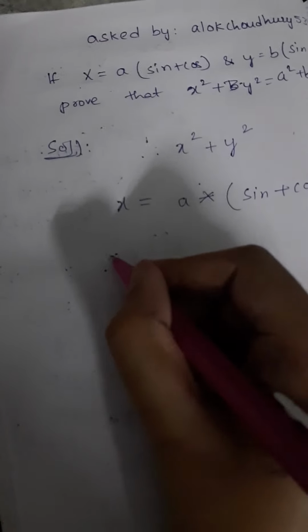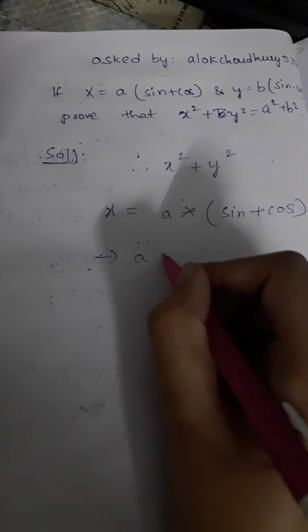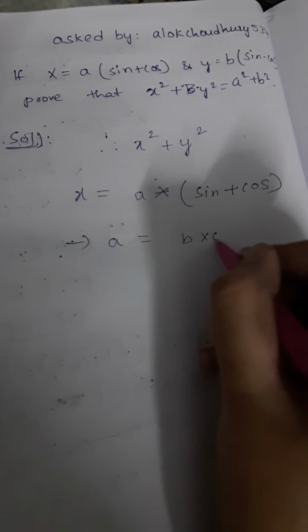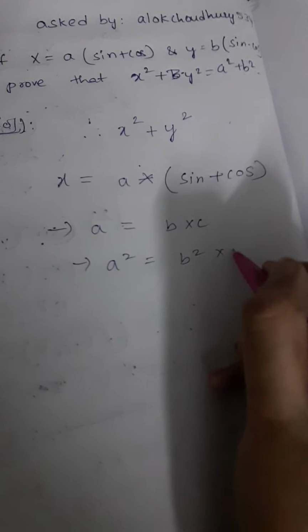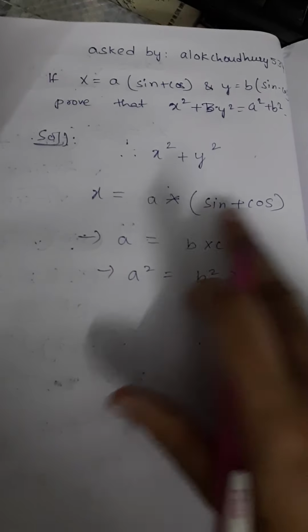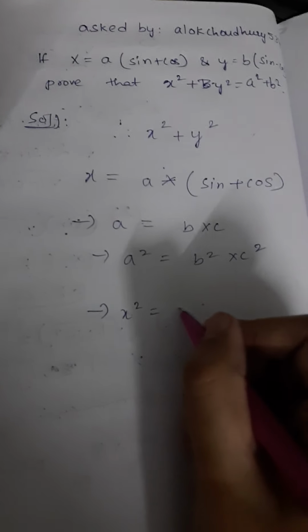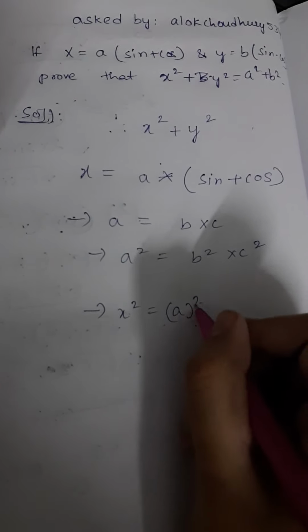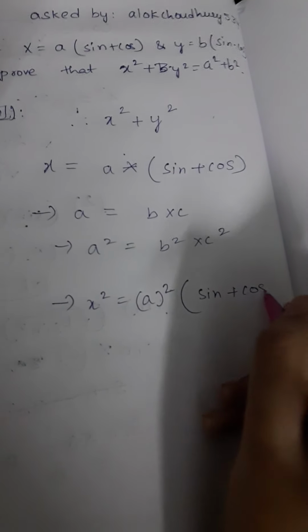Now there is a rule in powers and exponents that if a equals b into c, then a squared equals b squared into c squared. So now we are going to do the same thing here. x squared equals a squared into sin plus cos whole squared.